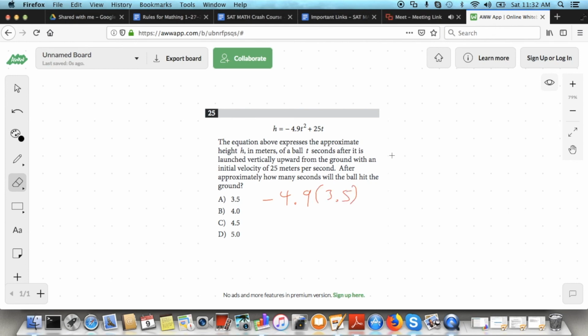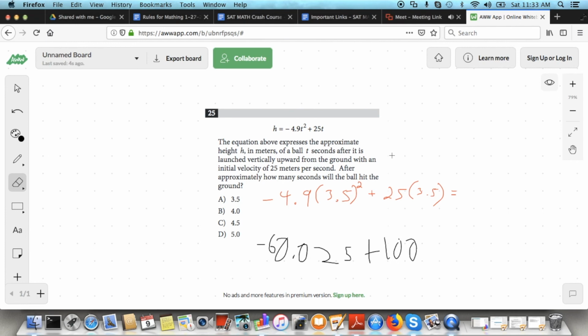Remember, you got to square that 3.5 first. 60.025. Okay, is that 0 or close to 0? Plus 100, and it's about 40. So no, not super close.